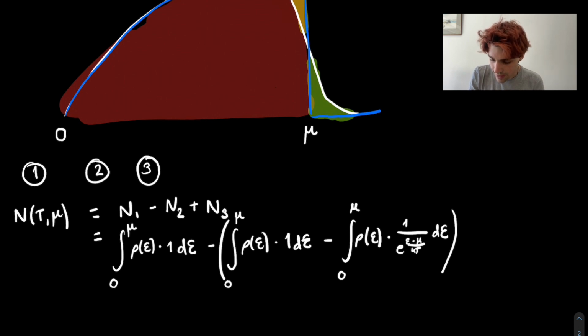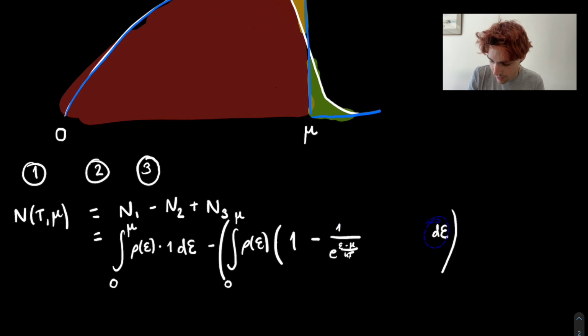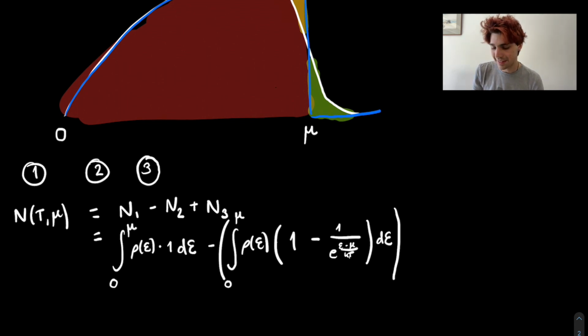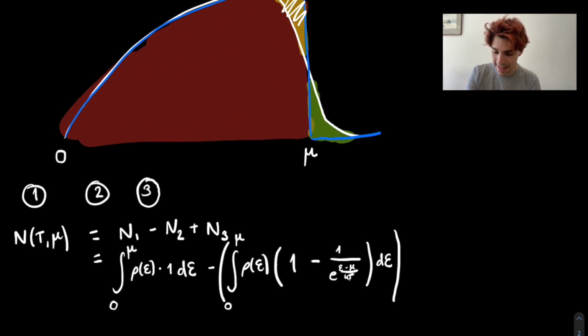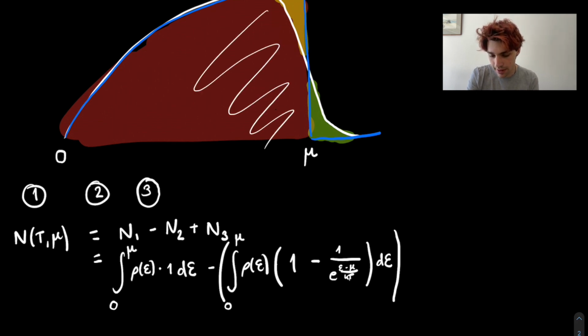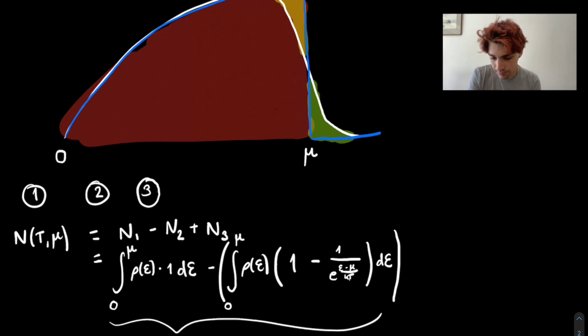And so we can then just shorten this to the density of states times 1 minus the Fermi distribution, all that integrated over epsilon. So that was the hard bit. That required a little bit of thinking to really consider what this region is right here. It's the subtraction of this whole blue curve minus this area that's just in red right there. And so we're subtracting this away from the blue curve to get this red region right here, which is of course terms 1 and 2.